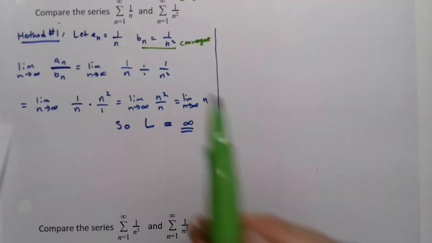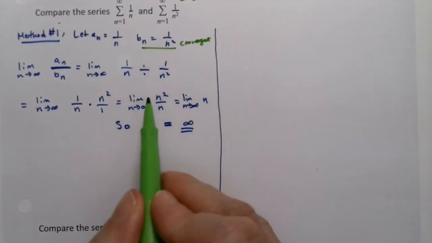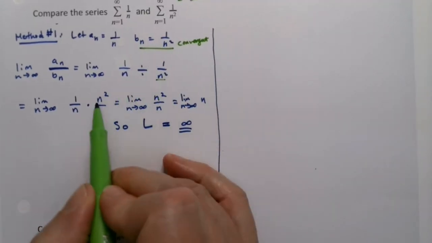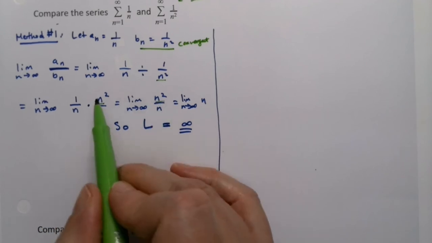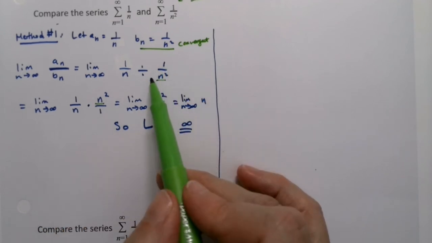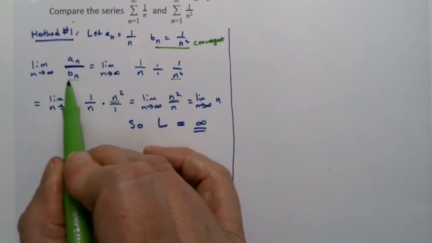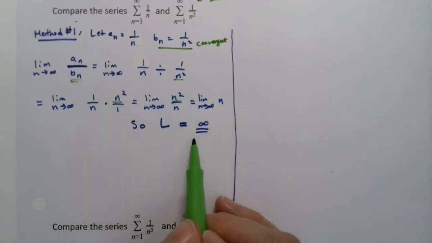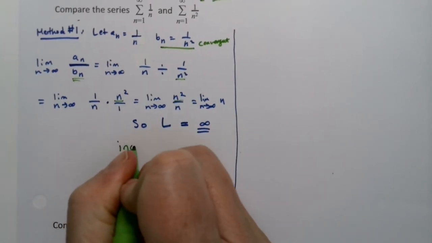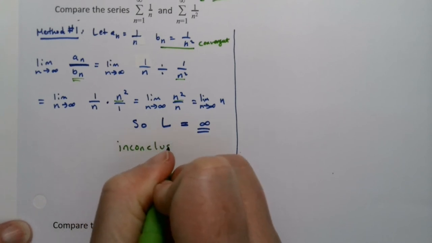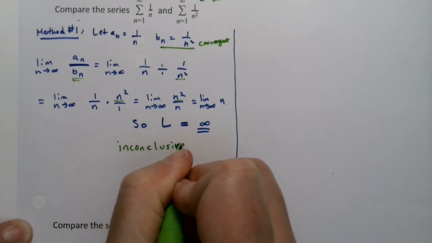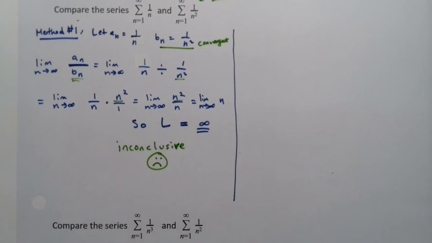It's inconclusive. The denominator series I chose, right here, it flipped over and became the numerator. That's the denominator part. It's b sub n. I chose that to be my b sub n. It was convergent and infinity. This is inconclusive. I didn't prove anything. The limit comparison test did not do it for me. Boo.